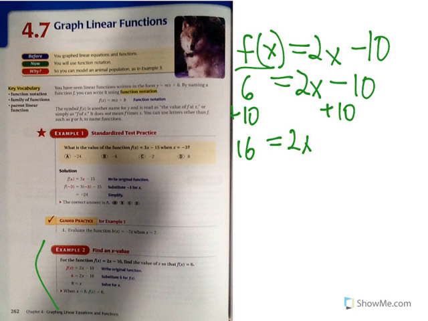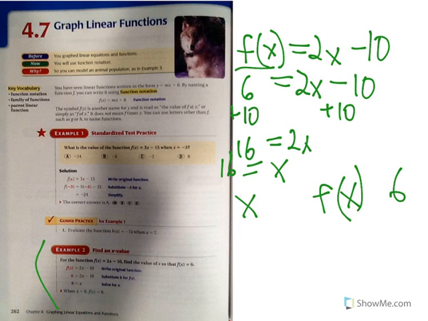Then we divide both sides by 2, and we end up with x equal to 8. So the value of x when f of x is equal to 6 is 8, because we divided both sides by 2.